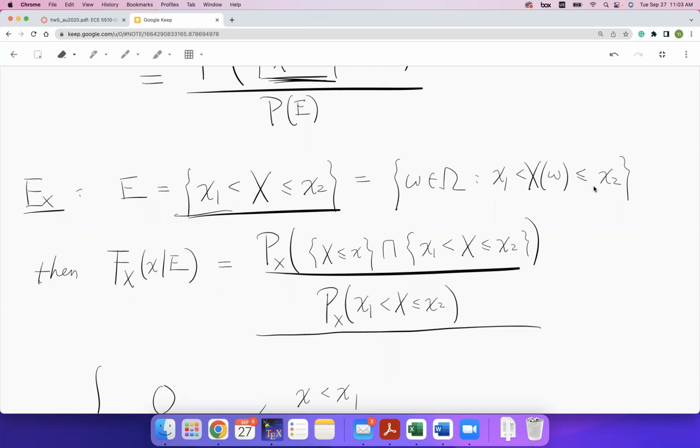Such an event is very natural in practice because this event basically says that we are conditioning on the event that a certain statistic is between x1 and x2.